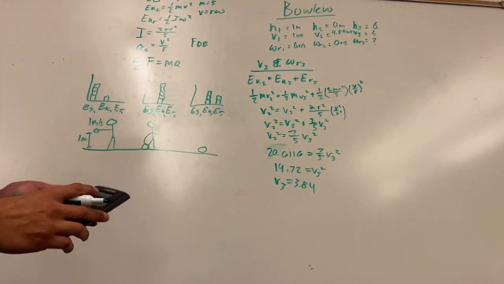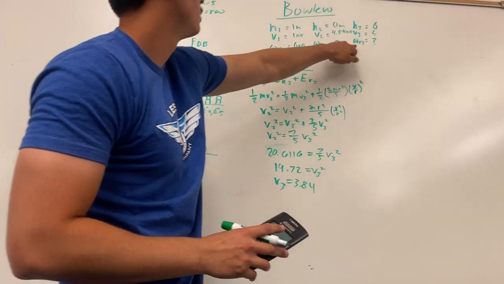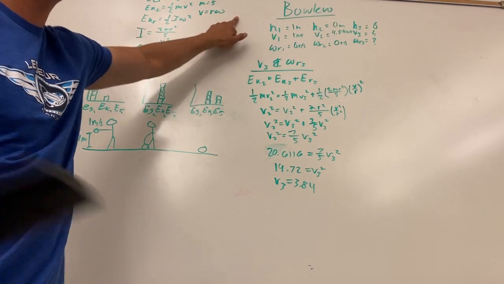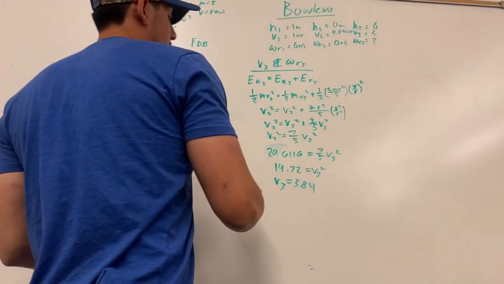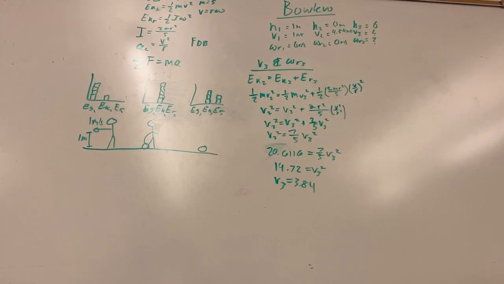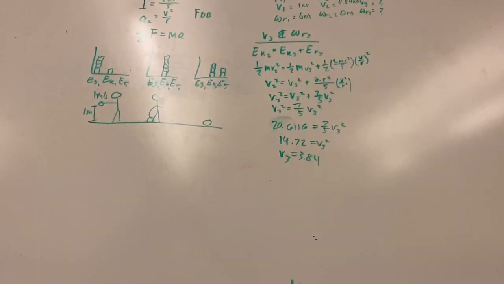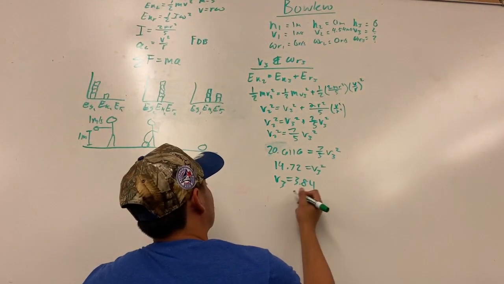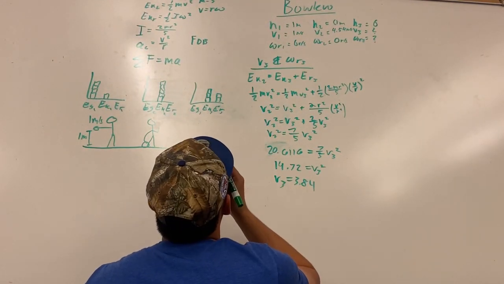Now we want the rotational. So it's going to be V equals R times angular rotation. And let's see, can you see that? Yeah, we can.